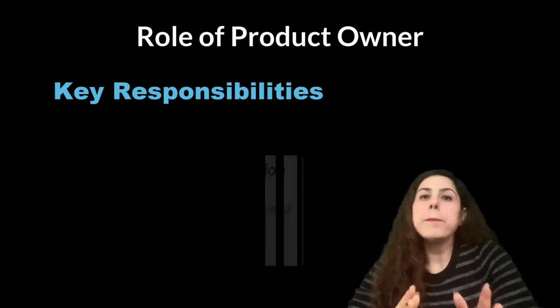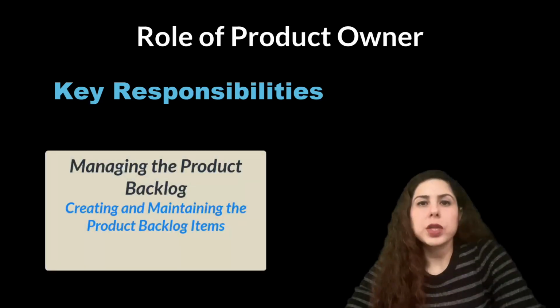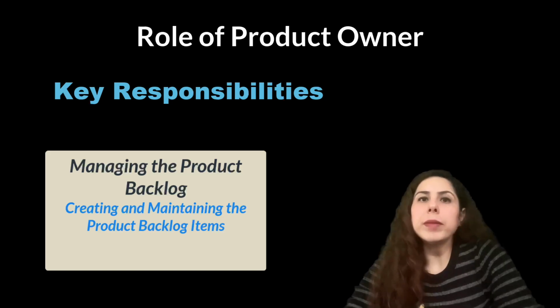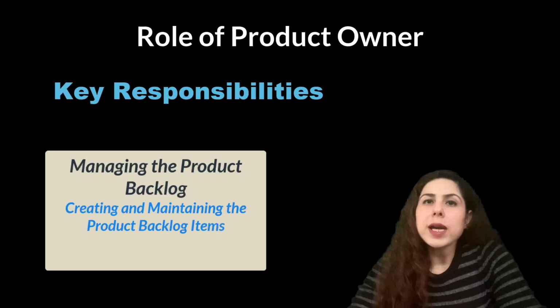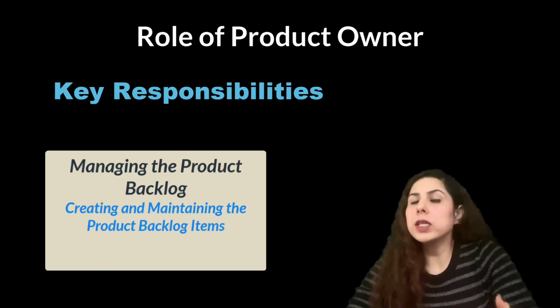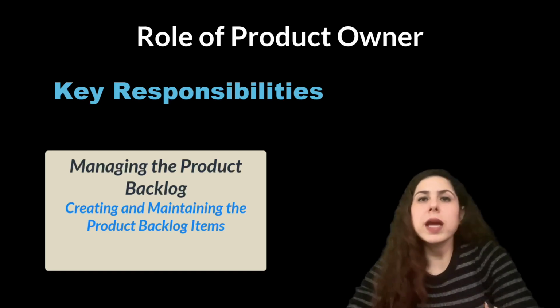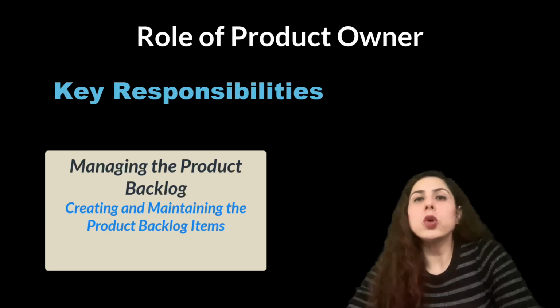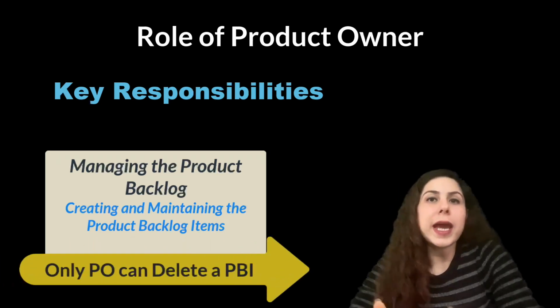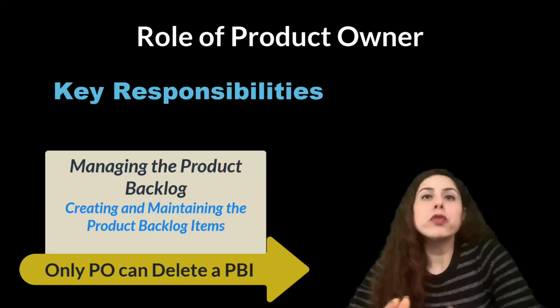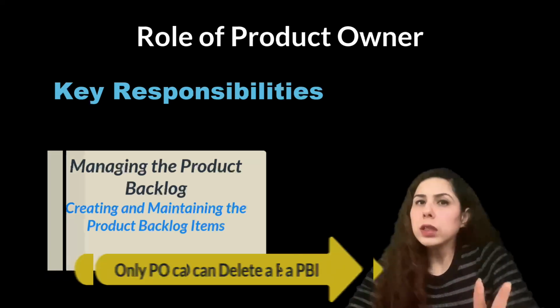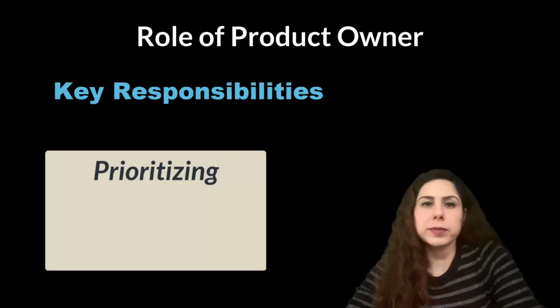Second, managing the product backlog, which means creating and maintaining the product backlog items, which are a prioritized list of features, enhancements, bug fixes, and other work items that must be developed. Also, it is important to note that only a product owner has the right to delete any product backlog item from the product backlog.